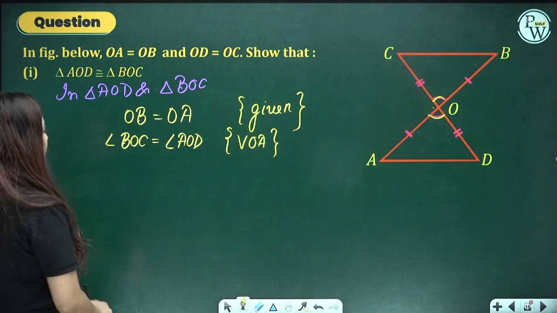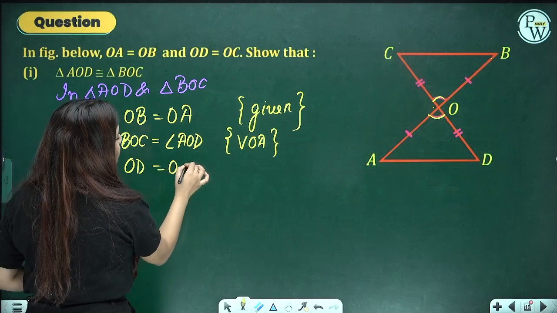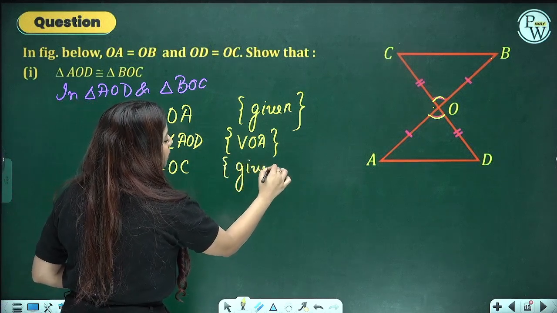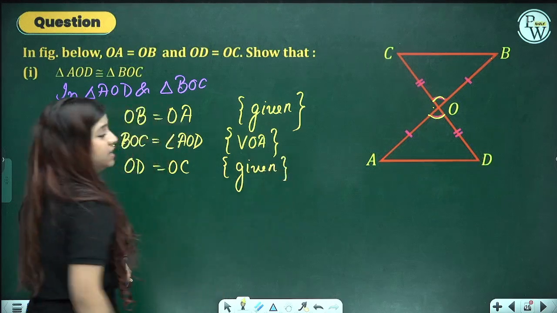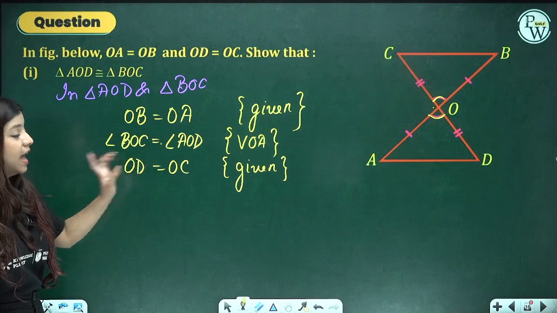The third thing that we have, students, is OD equals OC, and why? Because it is given to us again. So by SAS, we have side, angle and side.